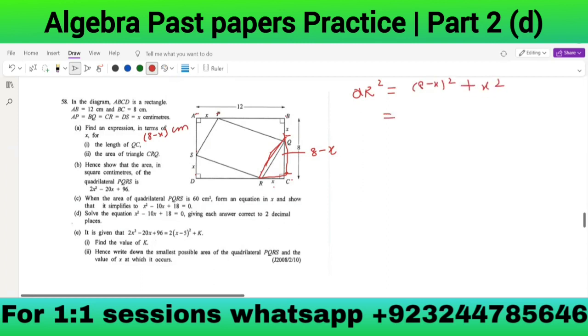So we will get 64 minus 16x plus x squared plus x squared, so 2x squared minus 16x plus 64. So you can take 2 common.